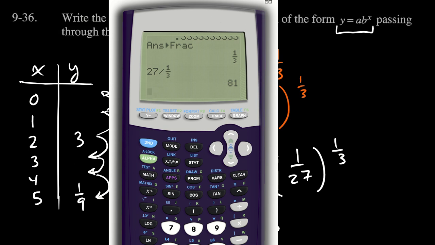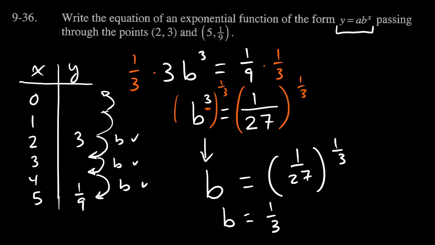The second term is 3. If I take 3 and I divide by 1/3, that will give me the number 9. And then if I take the number 9 and I divide that by 1/3, that will give me the number 27. So my 0th term is the number 27. Let me put this up here in a different color, 27.